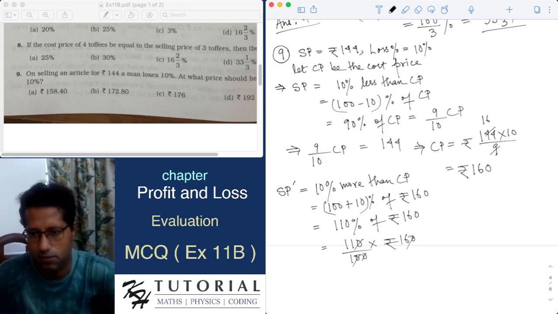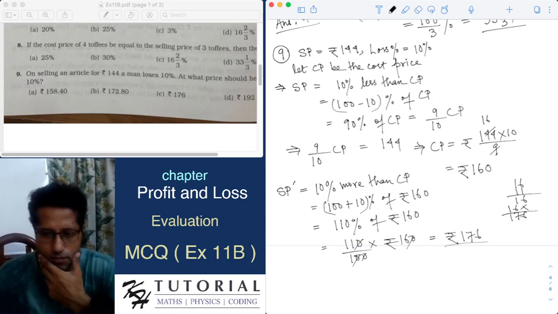So this is rupees 11 into 16, 16 into 11, 176. 176 should be the selling price, so that there will be a gain of 10%. So the answer is choice C.